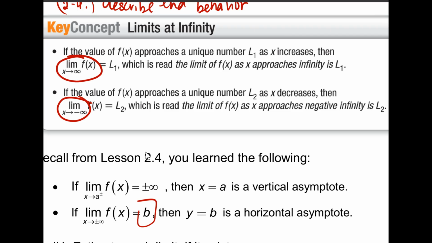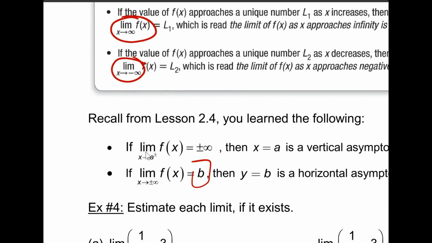Then you have a horizontal asymptote. As x approaches a number A, if the y values are approaching positive or negative infinity, that's where you'll have a vertical asymptote. But as x approaches infinity, are you approaching a certain number?